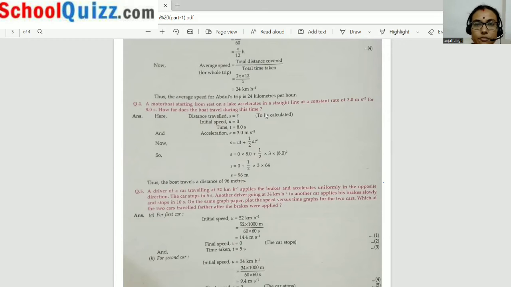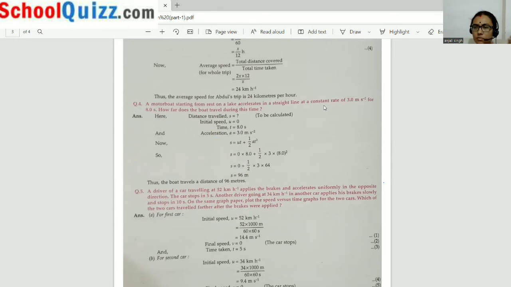A motorboat starting from rest. Rest means what, student? Rest means initial velocity is 0. Every object which is at rest has initial velocity 0. Later the motorboat accelerates in a straight line at a constant rate, for a time of 8 seconds, and the acceleration is 3 meter per second square.